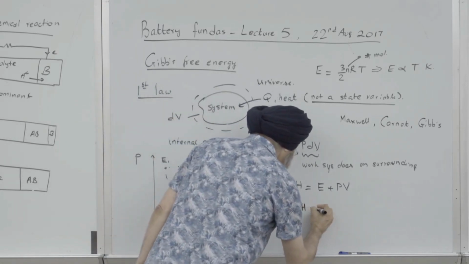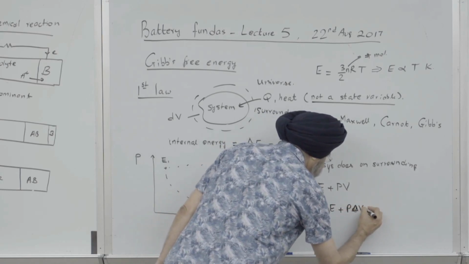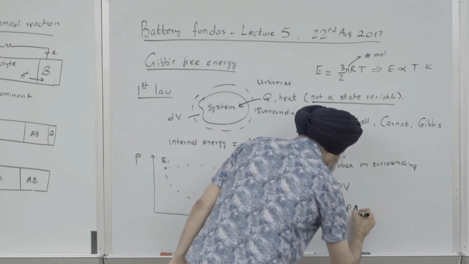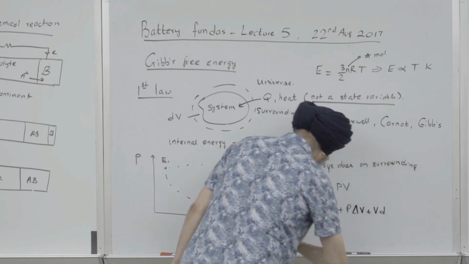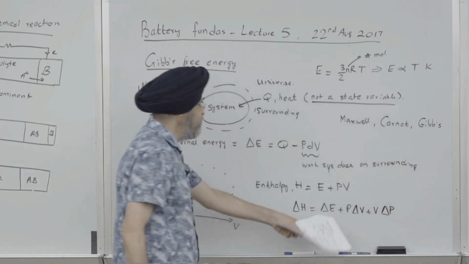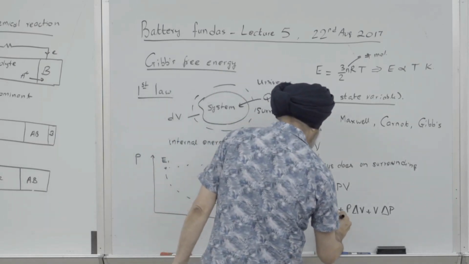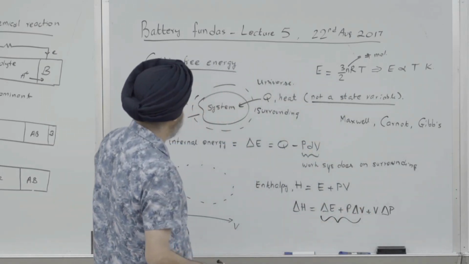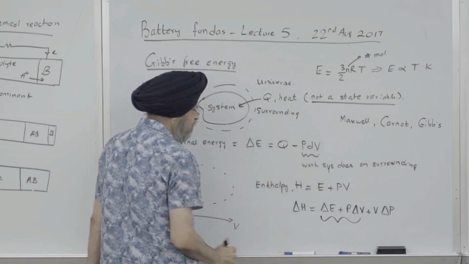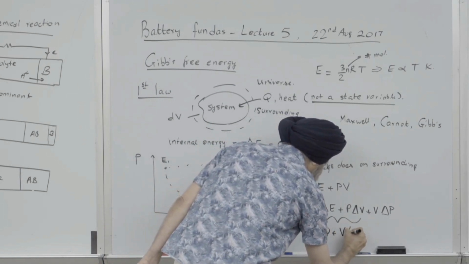Now notice what I do. Given this, God knows where it came from, we don't know, but let's use it. So we say delta H is equal to delta E plus P delta V plus V delta P. Oops, I keep writing D. So I'm doing differentiation, kind of. Engineers can do this. Now notice, this delta E plus P dV, that's Q. So this is Q plus V dP.